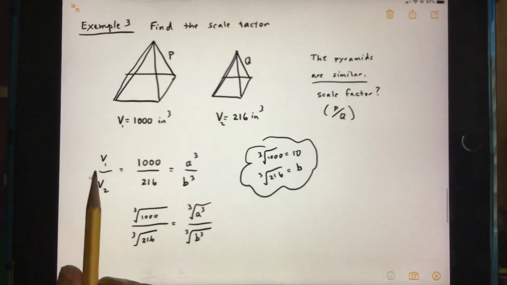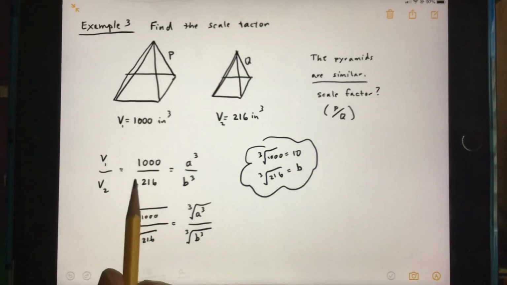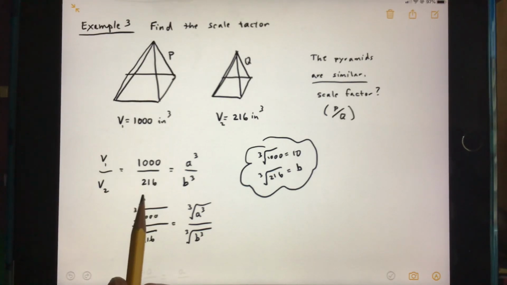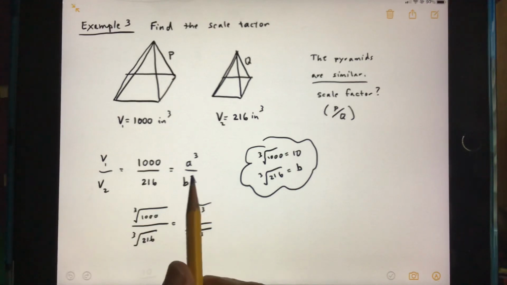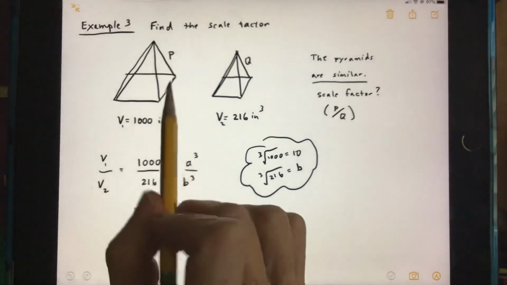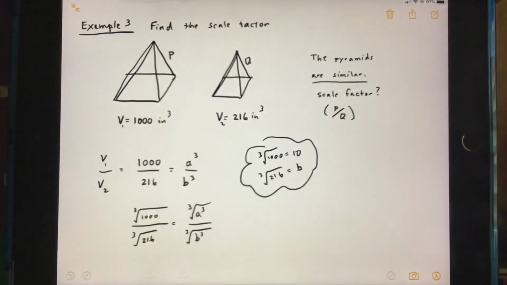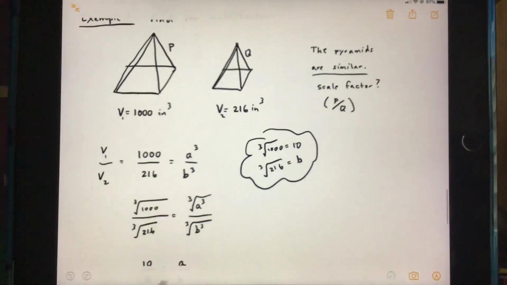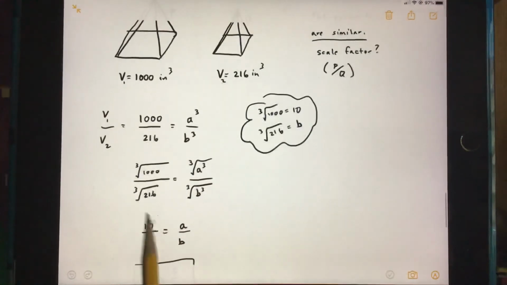All right, so we set up our proportion. Volume 1 is to volume 2. The volume of the larger pyramid is 1,000 compared to the volume of the smaller, 216. And the volumes compare with the side dimensions a cubed to b cubed. All right, so to figure out what our side dimensions are, and we're using P and Q for those, we are going to take the cube root of both sides. Cube root of 1,000. What multiplies against itself 3 times to make 1,000?